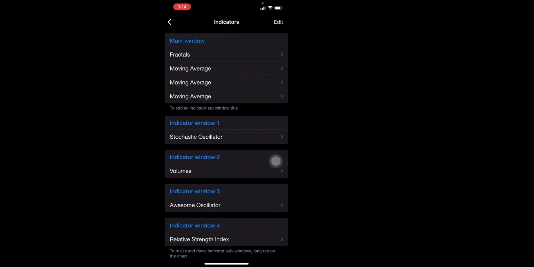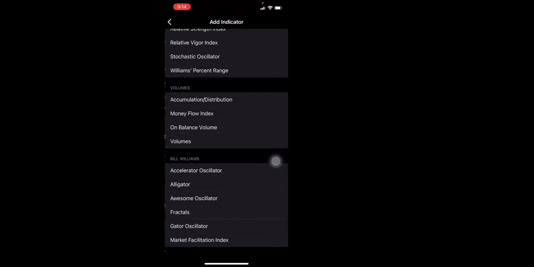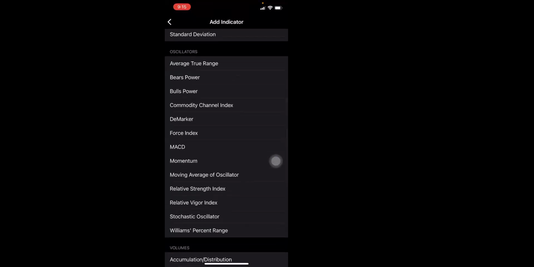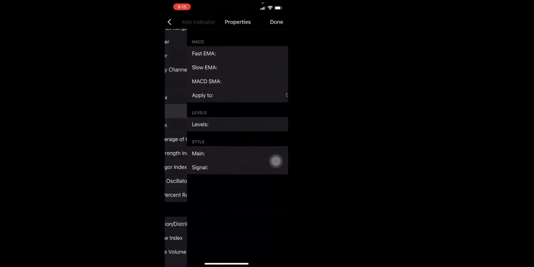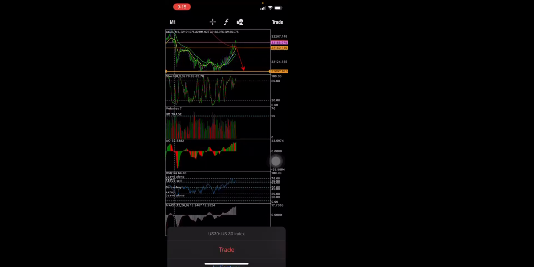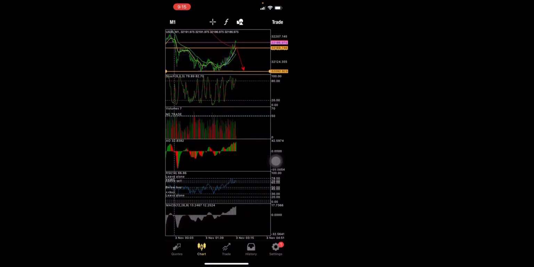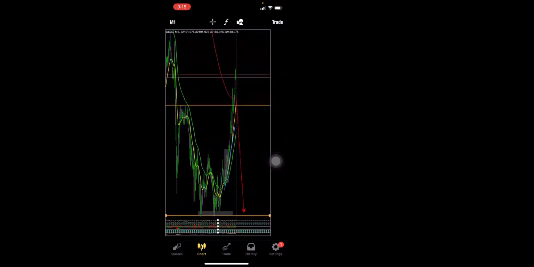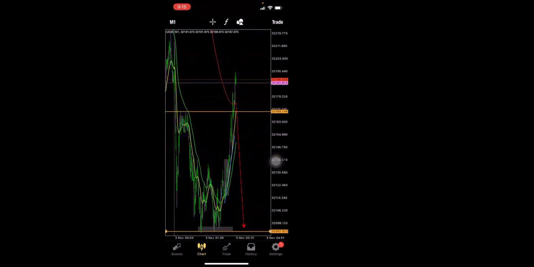I think MACD will create a new window. Yeah, it did. So some indicators create their own new windows by themselves. But for the most part, I just stick to price action nowadays.